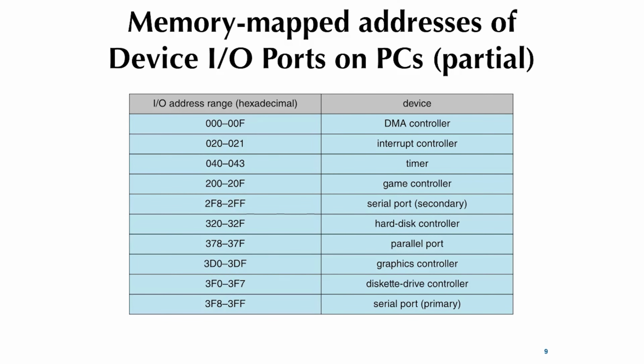Now here is an example of how a PC does the memory mapping of addresses of these device I/O ports. From 0 to F would be the DMA controller, 20 and 21 the interrupt controller, 40 and 43 the timer, and so forth. You can see the game controller, serial port, hard drive, and so forth. Why do you need a range?